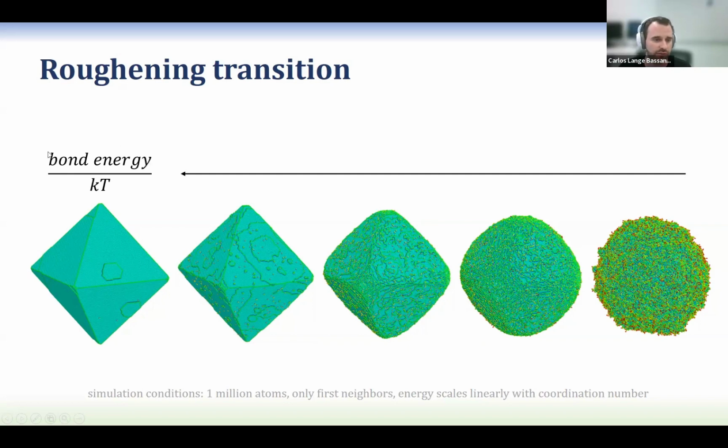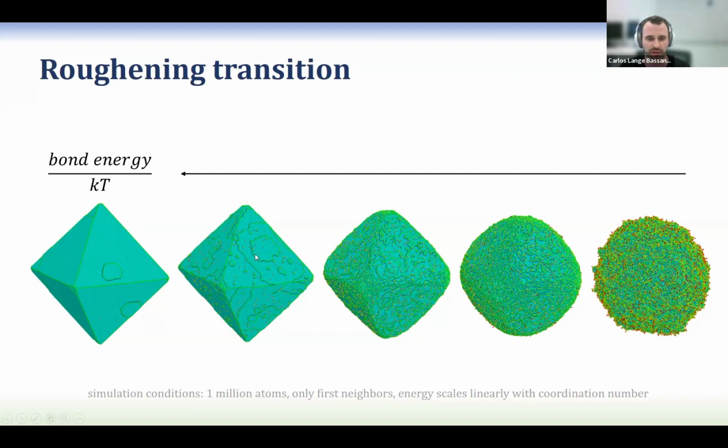Why does this happen? Whenever the bond energy is very high compared to the temperature, the atoms will always try to find the sites that maximize the number of bonds, and these will form facets. So this is the layer by layer growth mode of a crystal, right? And whenever this bond energy is small compared to the temperature, the atoms don't prefer so much the sites in the crystalline structure that prioritize the number of bonds.